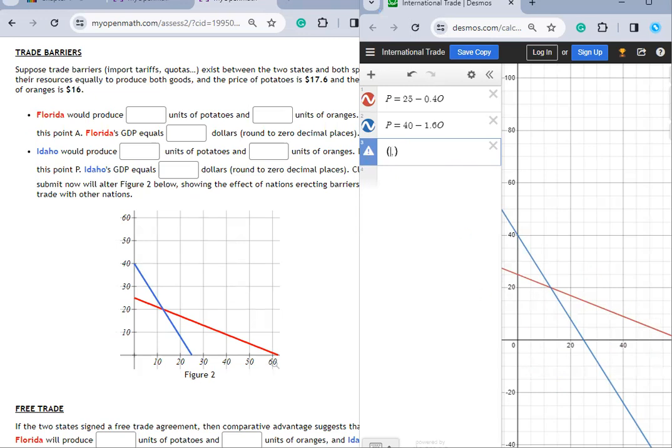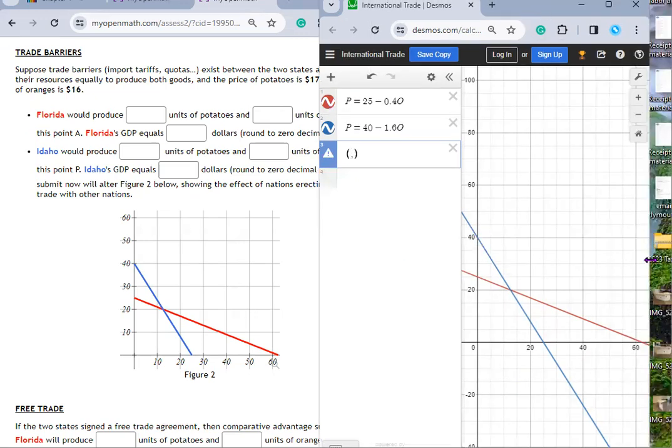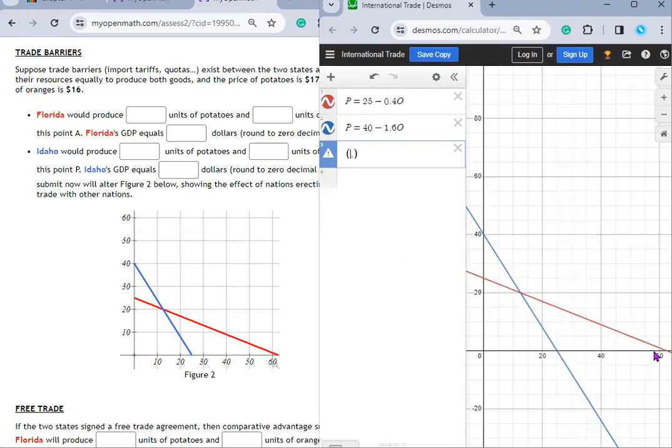And so for Florida, if it devotes all of its resource to the production of oranges, it'll produce 0 potatoes and 62.5 units of oranges. But what it's doing is it's devoting half its resources to oranges and half to potatoes. So it's going to produce half of this 62.5. So that's going to be the first part of the point.